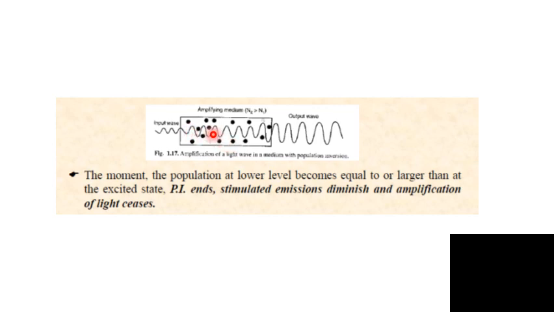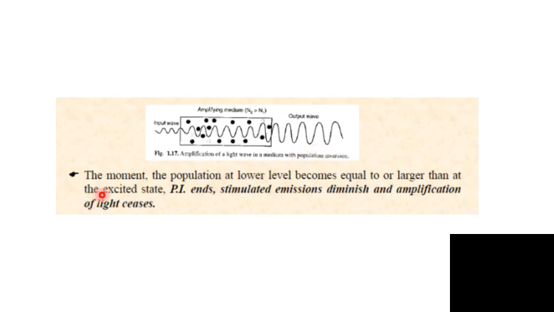In this way, stimulated photons will increase and increase. So at the end, we will get very high output. We entered a very low density of photons, but at the end we got high intensity. So we amplified this beam. This amplification of the beam was possible due to population inversion and due to stimulated transition.